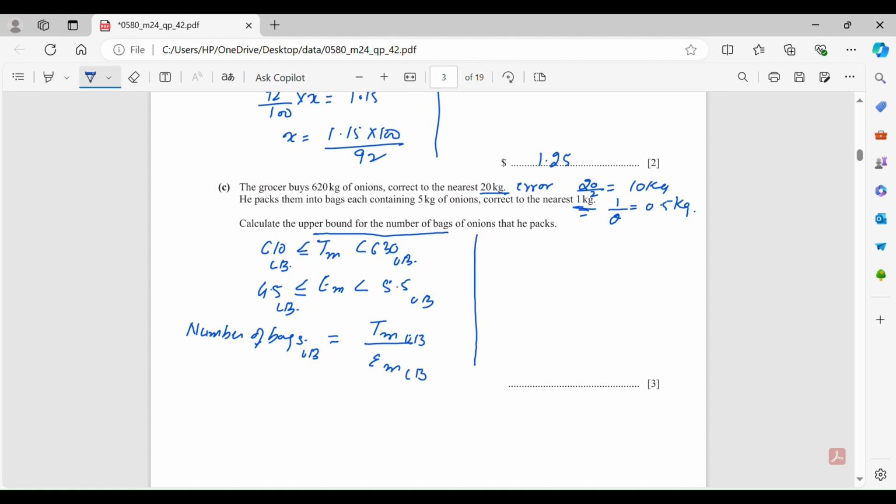So the total mass upper bound is 630 divided by the lower bound of each bag, that is 4.5, which will be equal to 140 bags. Our answer is 140 bags.